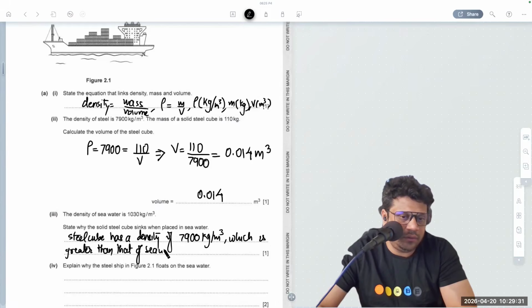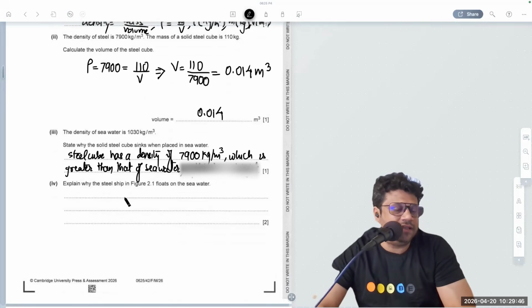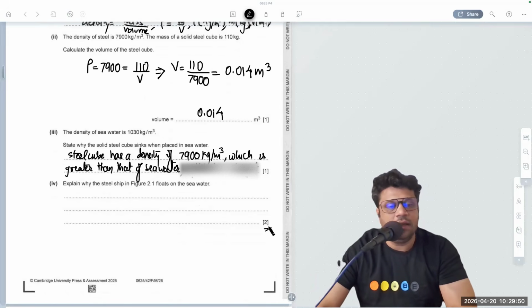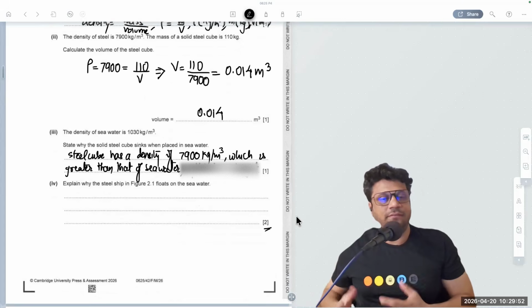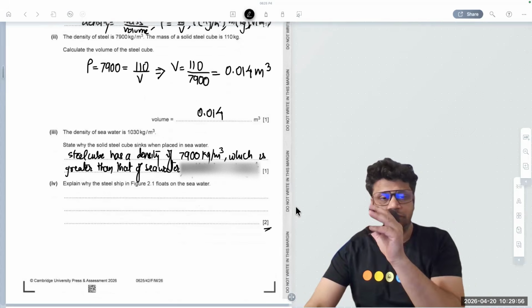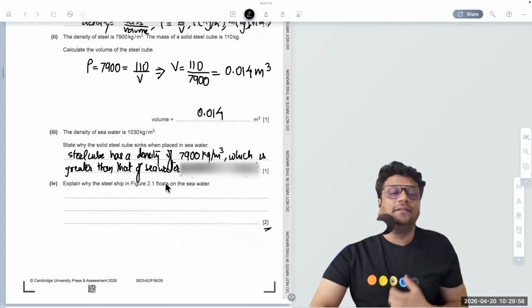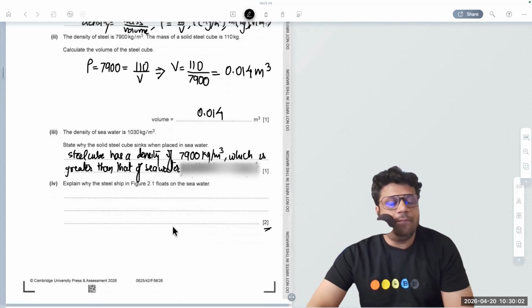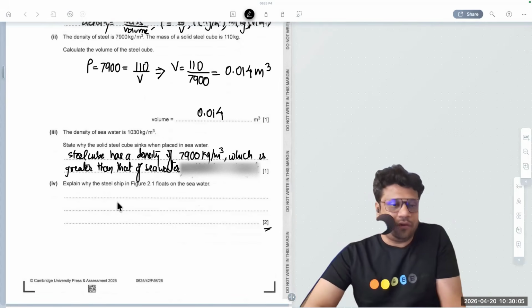Explain why the steel ship floats on seawater. Well, that's a very common question. See, ships which are made out of steel, of course, have a density more than that of seawater, but they still happen to float.